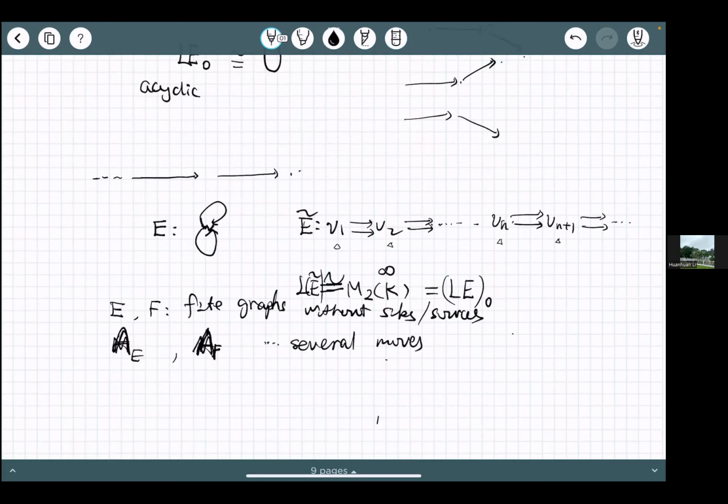Several moves which are out-splittings and in-splittings and their inverses, right?